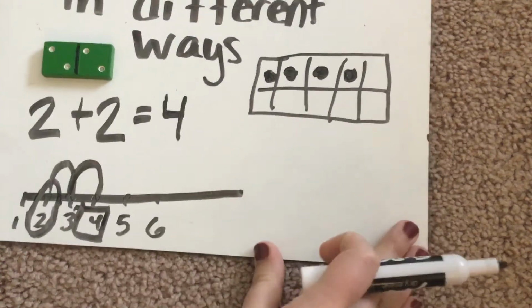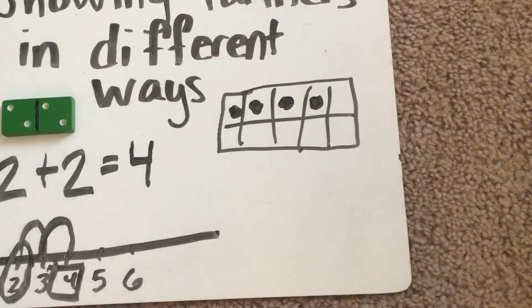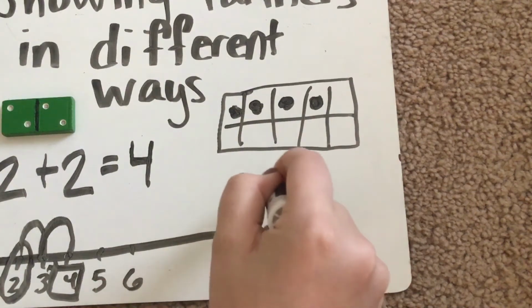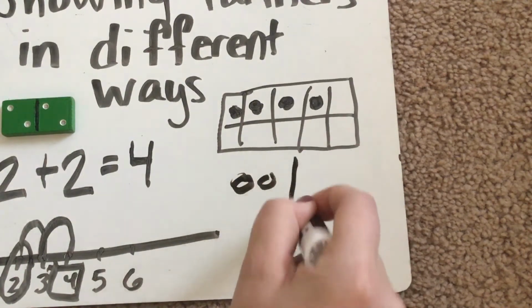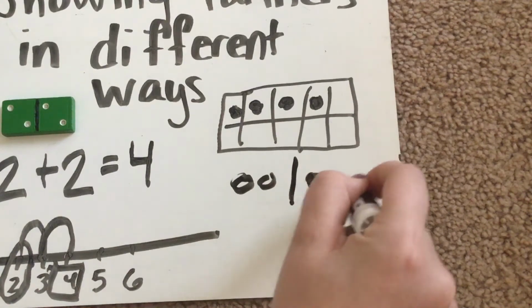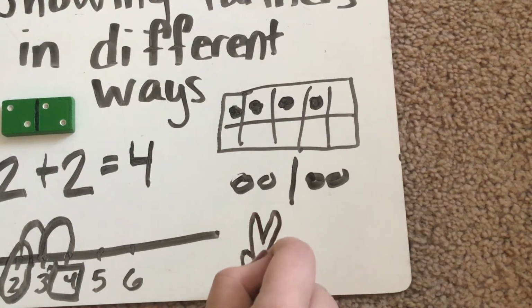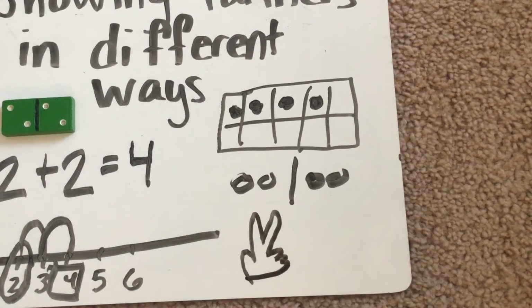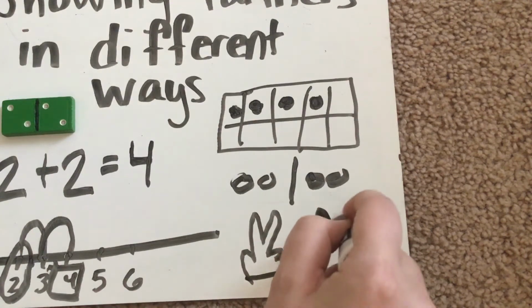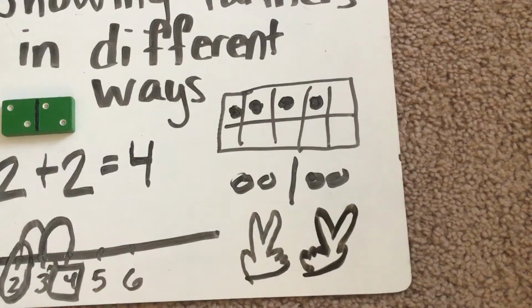Another way that we could show this is by drawing a math picture. So here are 2. Here's a break apart stick. Here's 2 more. How many are there all together? 4. We could even use our fingers. If I have, on one hand, 2 fingers, and on the other hand, I hold up 2 fingers.